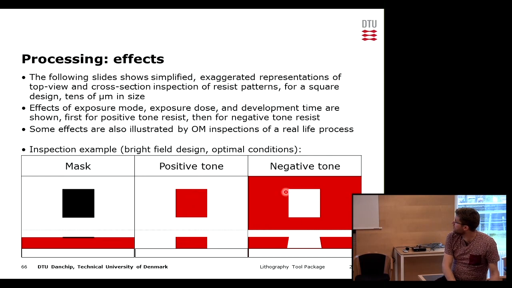And for the negative tone, we get a square hole. And you can see that for the negative tone, I'm already expecting in the normal case the negative sidewalls. So that means we are looking at a resist which is like our Enlof negative resist that always has the negative sidewalls.